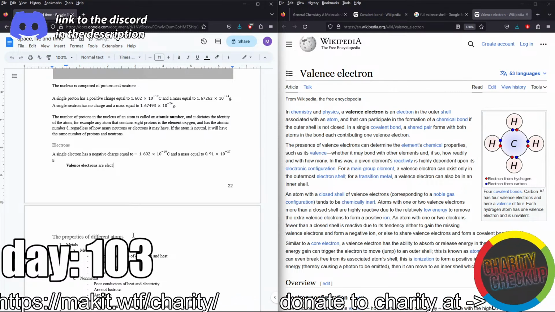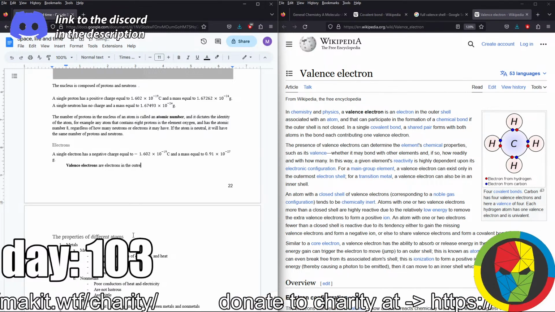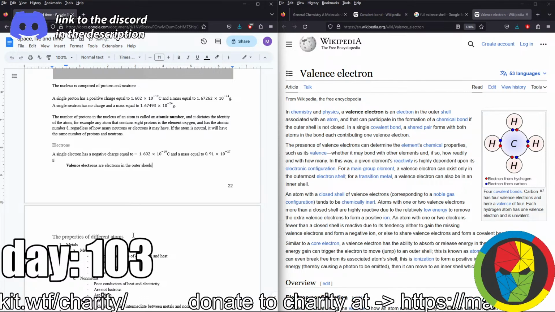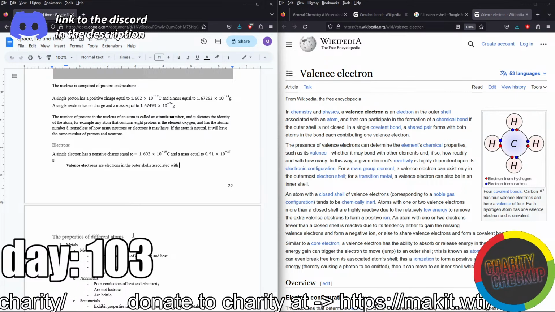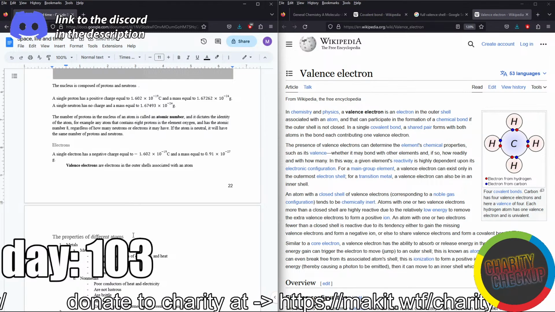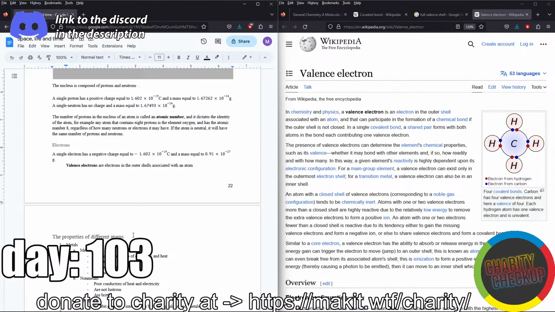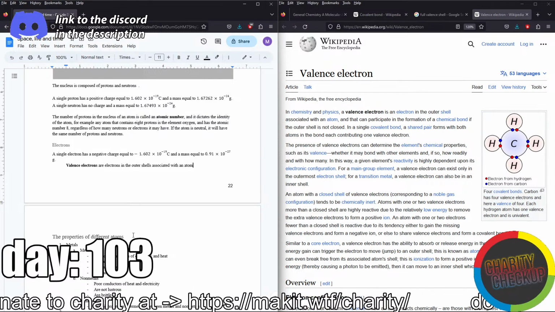Are electrons in the outer shells associated with an atom that can participate in the formation of a chemical bond? Yeah, but that's kind of obvious based on what bonds are. If the outer shell is not closed.